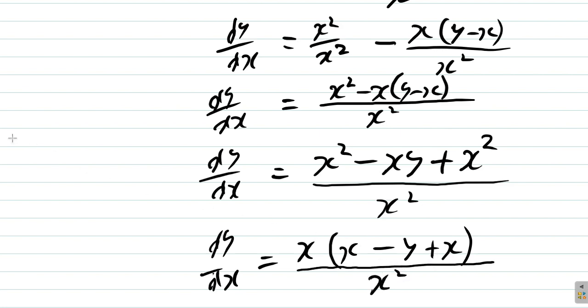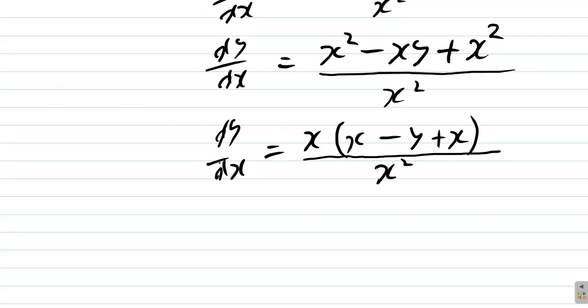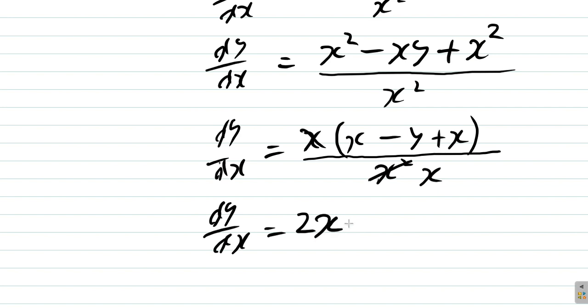Now, here, what do we have? X into x one time. X into x squared goes x. So what we have is that dy by dx is equal to x plus x would give you 2x minus y over x.